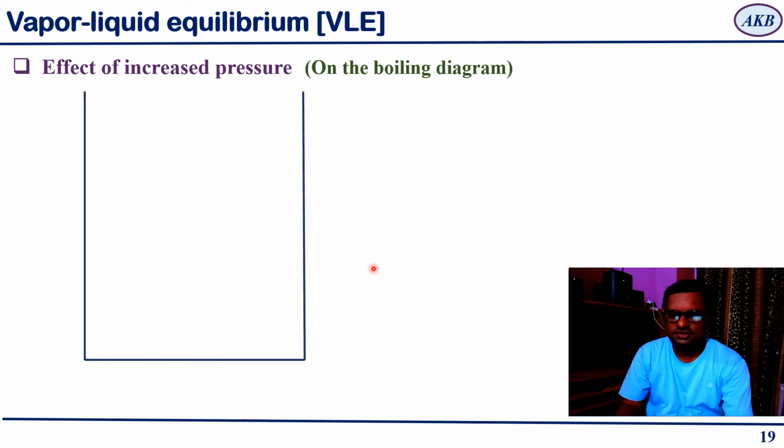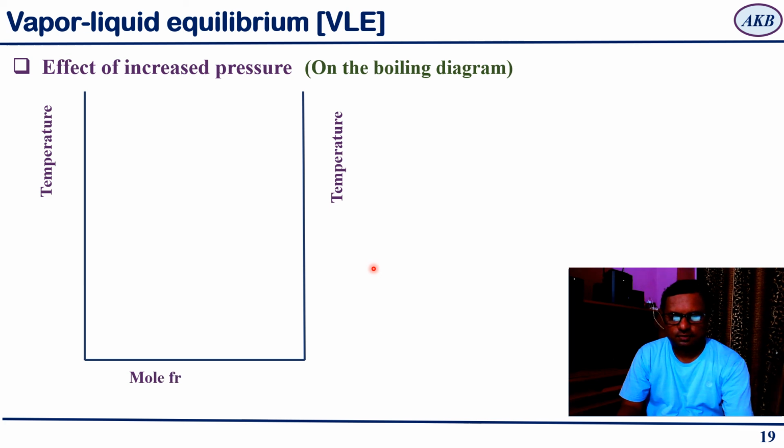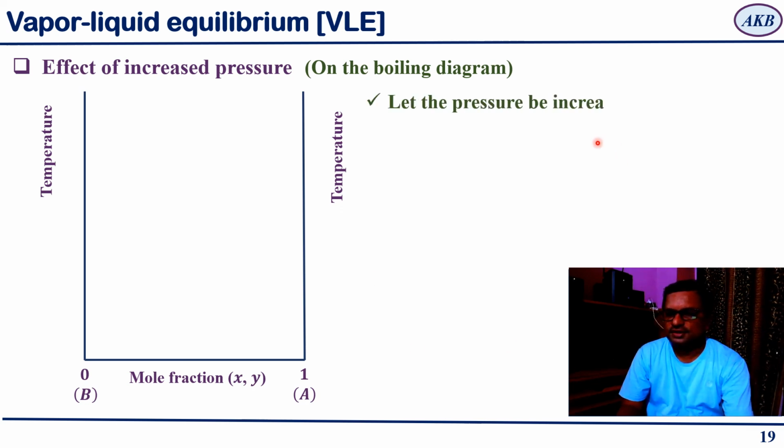Now let us see the effect on the diagram. You have this plot of temperature versus composition. X equal to 0 is pure B, X equal to 1 is pure A, and you are increasing the pressure from P1 to P5.